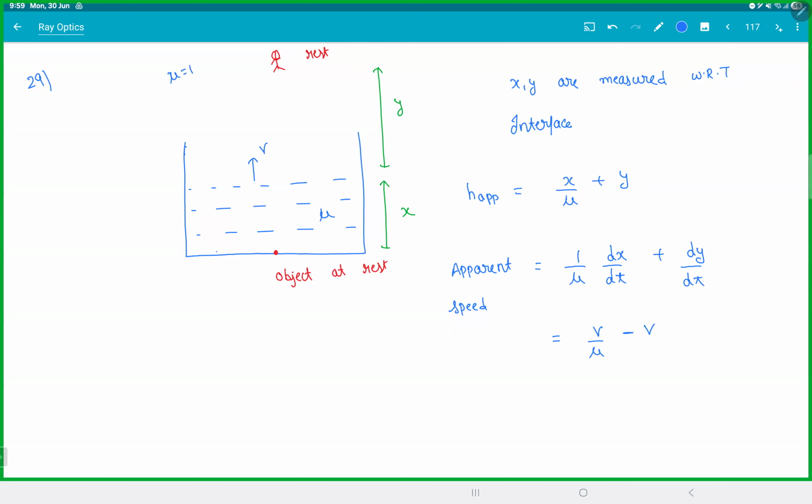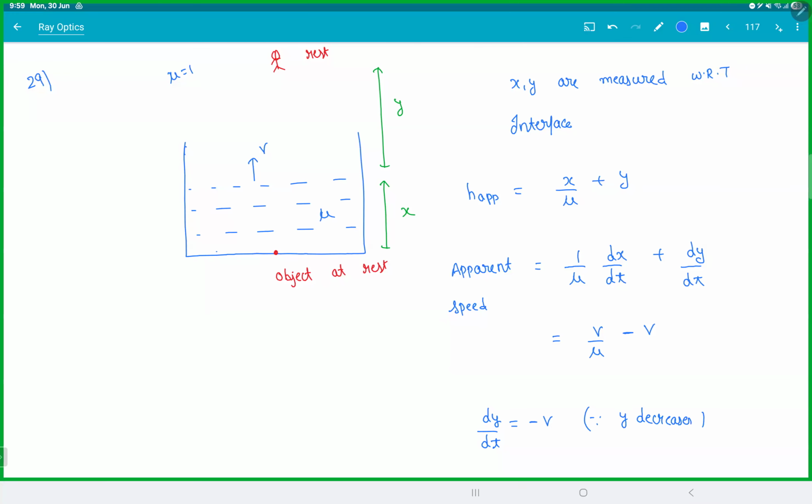Is that clear, everyone? Since y is decreasing, dy by dt is minus v. This comes out to negative. That means the object is not coming towards him, it is going away from him. Is that clear, everyone?